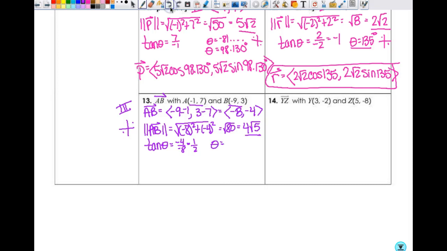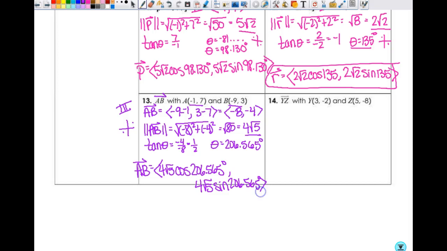We add 180, and when you add 180, you get to 206.565 degrees, which means my vector is equal to 4 square root of 5 times the cosine of 206.565 degrees, and then 4 square root of 5 times the sine of 206.565 degrees. Okay, and there you go.